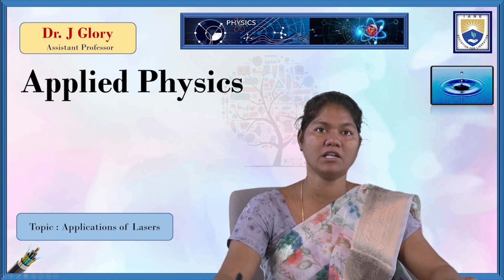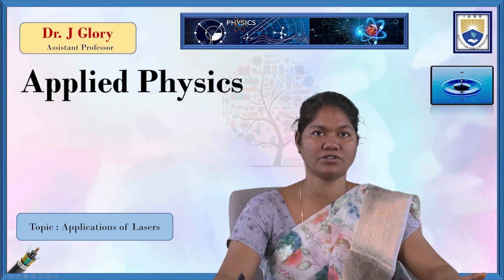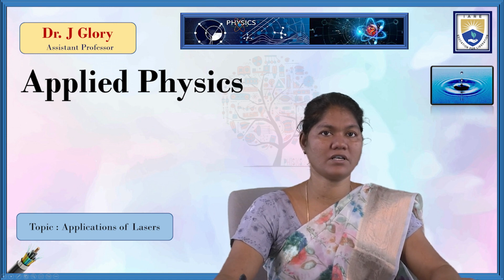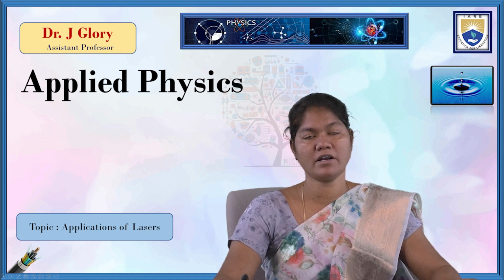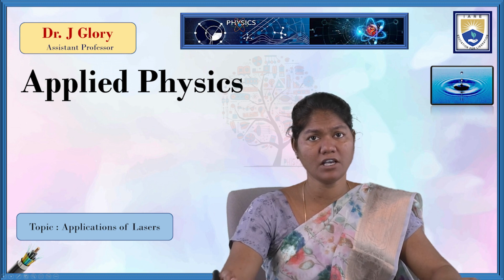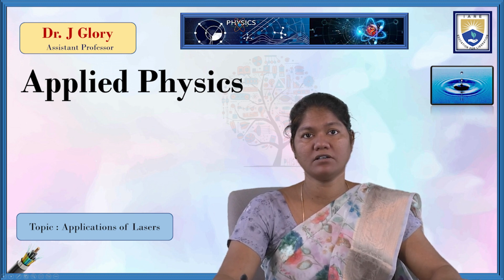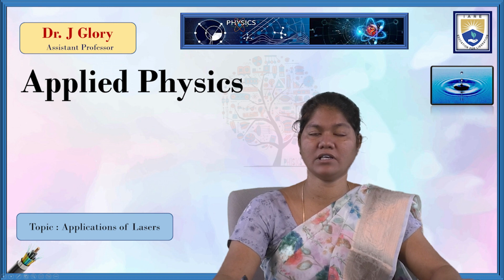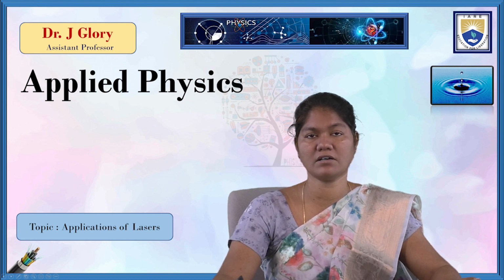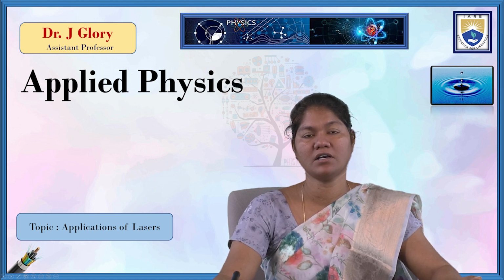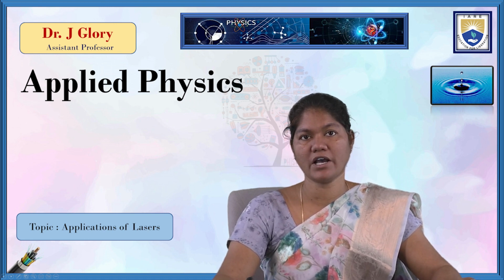Coming to the helium neon laser in the last session, here also we saw an introduction, the experimental setup, how to construct the helium neon laser, its working with the energy level diagram, and some of the advantages.